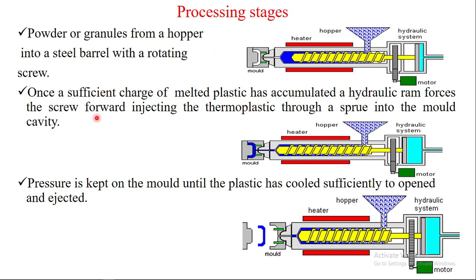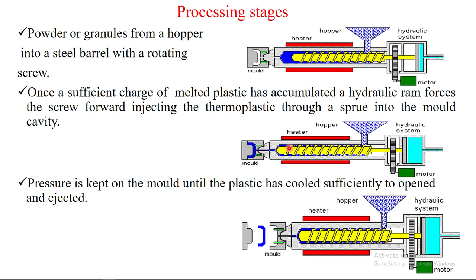Once a sufficient charge of melted plastic has accumulated, a hydraulic ram forces the screw forward, injecting the thermoplastic through the nozzle into the mold cavity. Due to the injection, the liquid plastic goes to the mold. See this process.